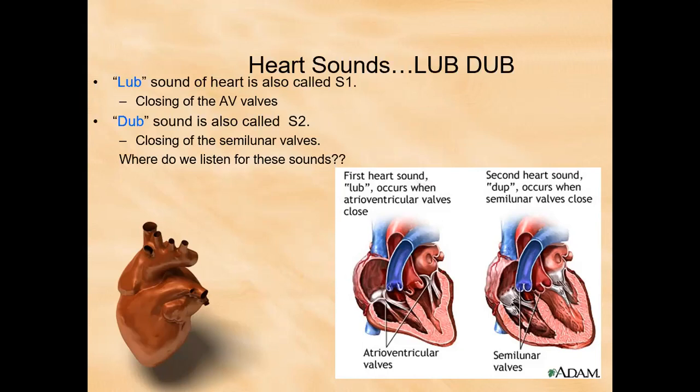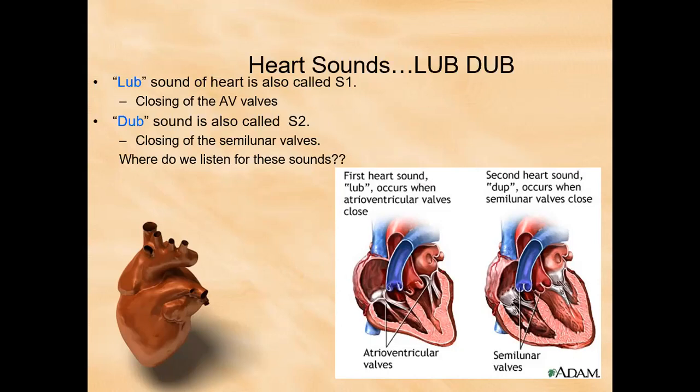Now, have you guys done your stethoscope, your thoracic auscultation? Fabulous. So when you are listening to the heart, you hear lub dub, lub dub, lub dub. It should be a sharp, crisp ending sound. What you're hearing there is the closing of the valves.